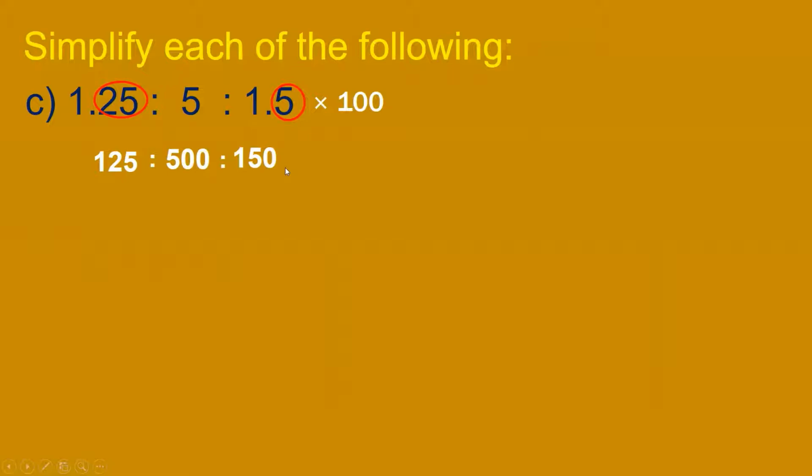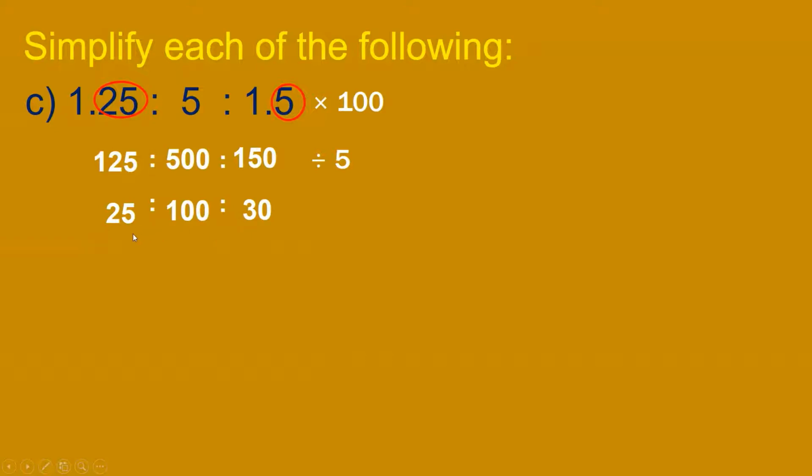The three numbers can be divided by 5. So 125 divided by 5 equals 25. 500 divided by 5 equals 100, and 150 divided by 5 equals 30. Now we have 25 to 100 to 30.